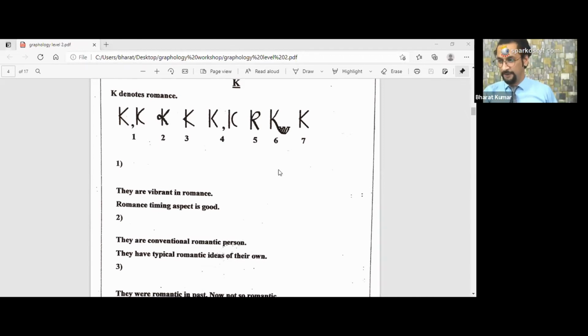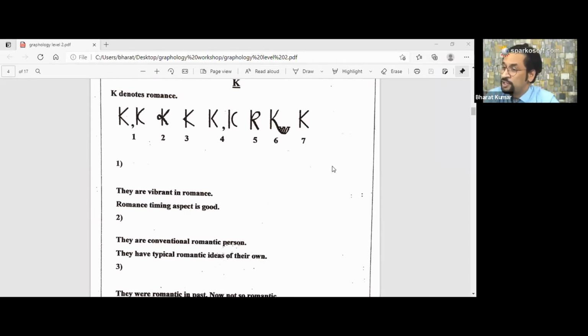Now, the seventh kind of K. Check this. This is known as GTHK, the GTHK type of K. Sometimes many people write a small letter K in such a way that it looks like a capital K. I'm telling you what the difference is between the seventh and the first. The seventh K is supposed to be a small letter K in size, but it is similar to the first K. So what is the difference between the first K and the seventh K?